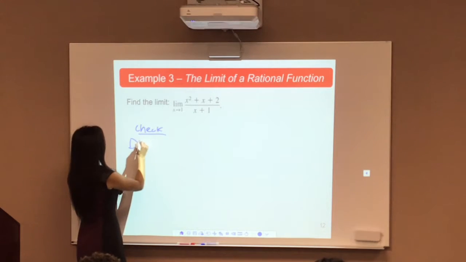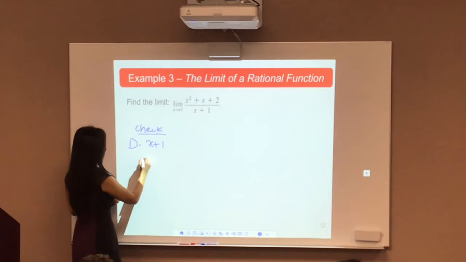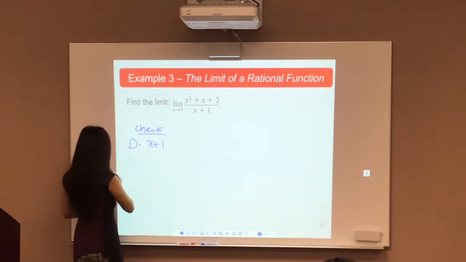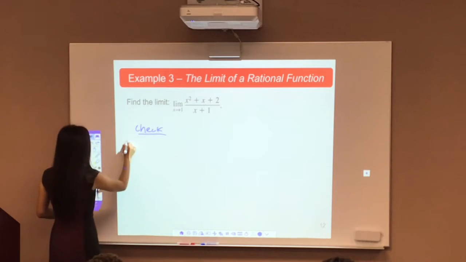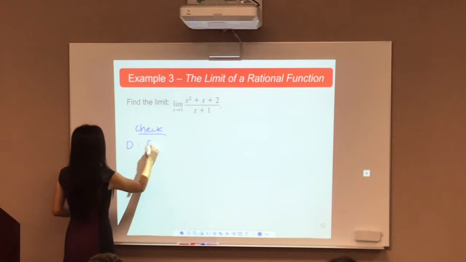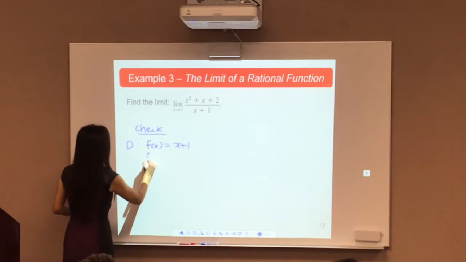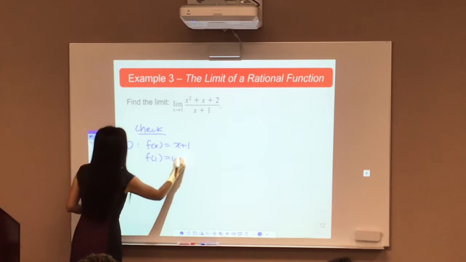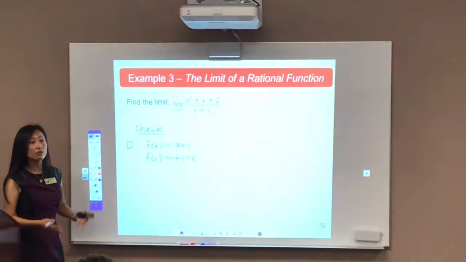Your denominator is x plus 1. So let's plug it in. So f of 1, I want to know what that equals. 2. So I'm safe, right? It's not a 0, so I'm okay.